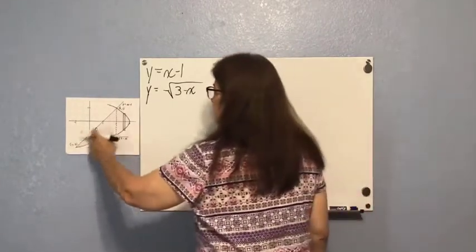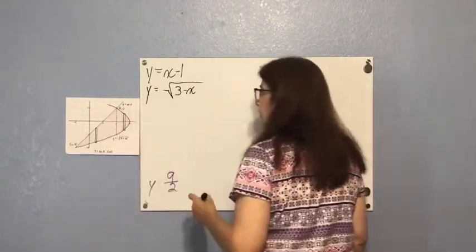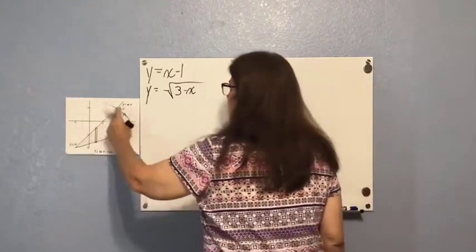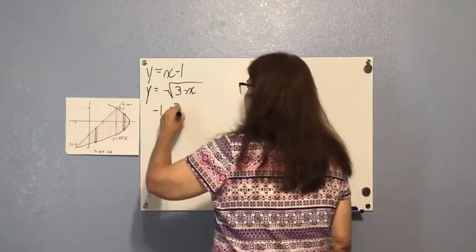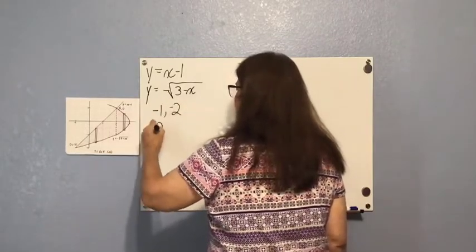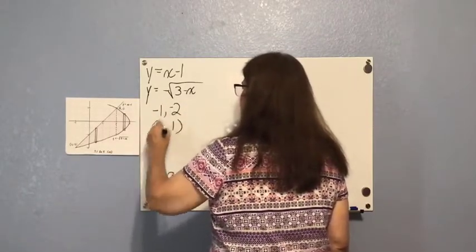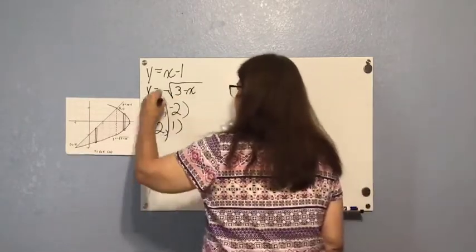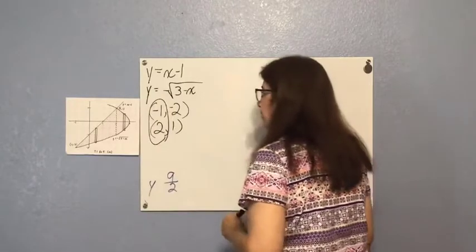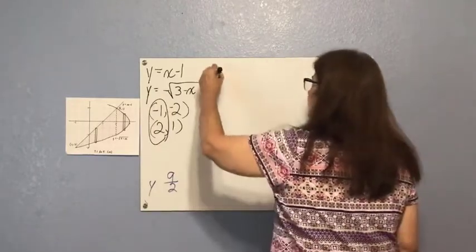Okay, for this first region, my limits of integration are the same as they have been, using the intersection points, (-1, -2) and (2, 1). And since I'm going to integrate with respect to x, these will be my limits of integration, the x coordinates.